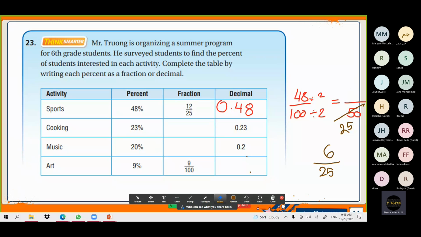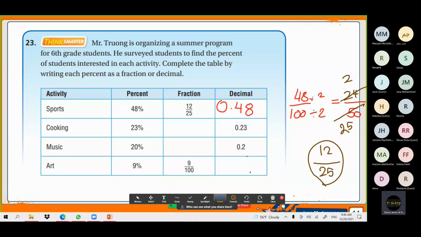So it will be 12 over 25. So in this case, I wrote 48% as a fraction and as a decimal.